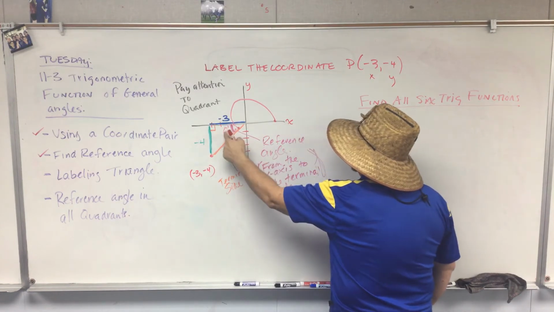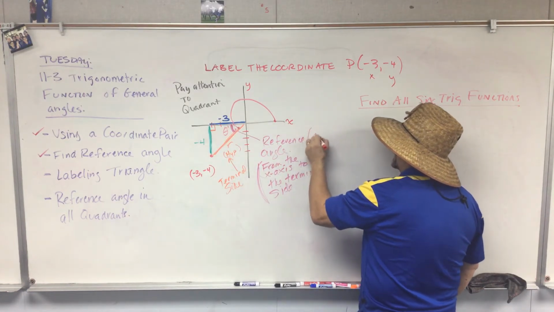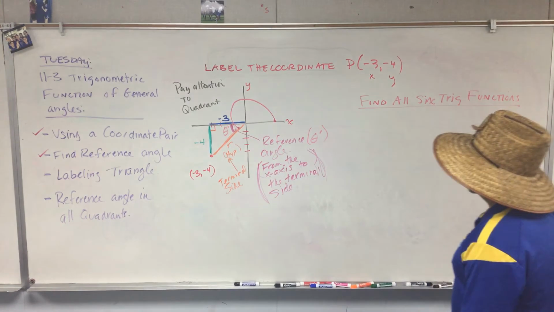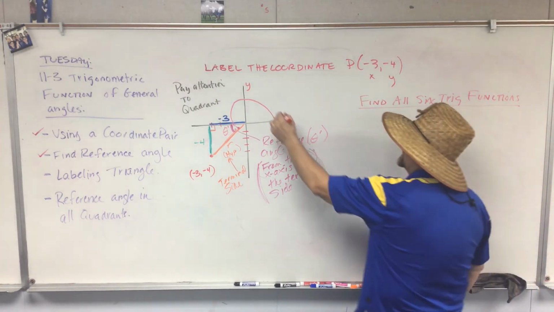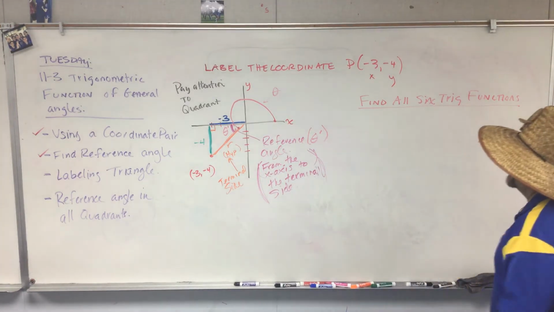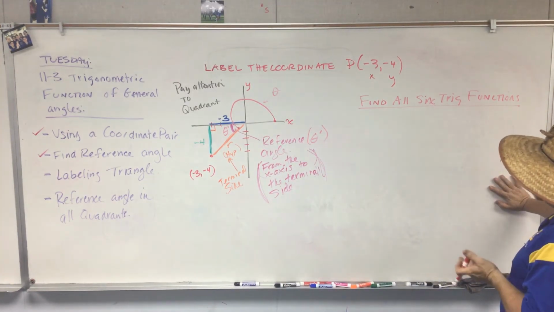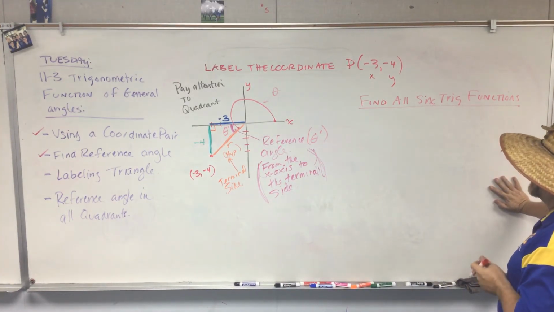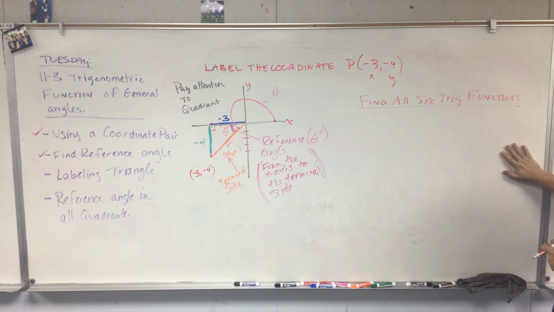Oh, by the way, theta prime, that's a reference angle, and I'll explain that, and then this whole thing is theta, is what they say in this book. There's different ways to look at it, but that's the idea. So find all 6 trig functions.